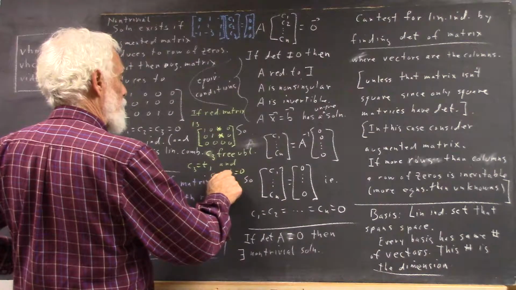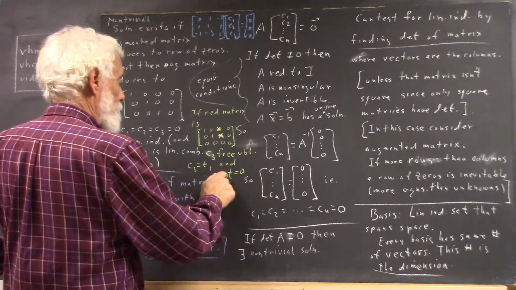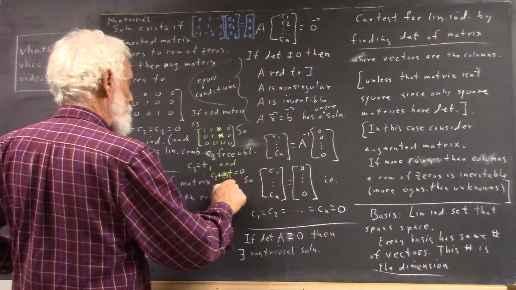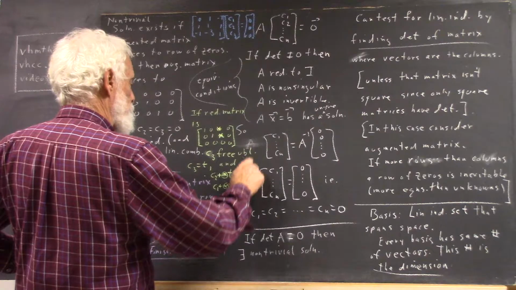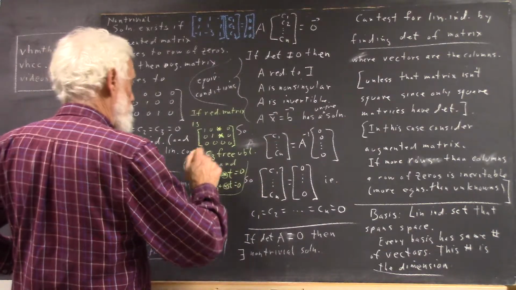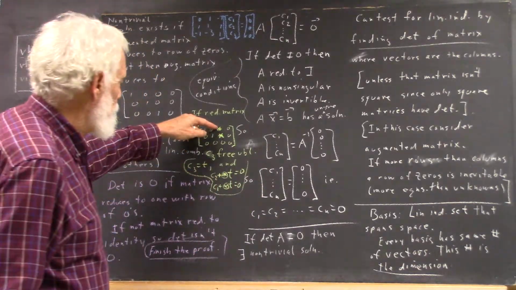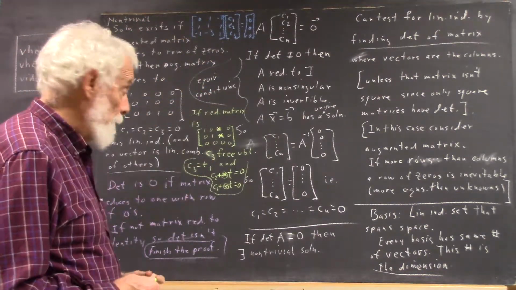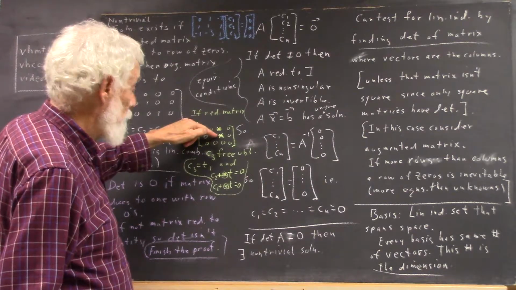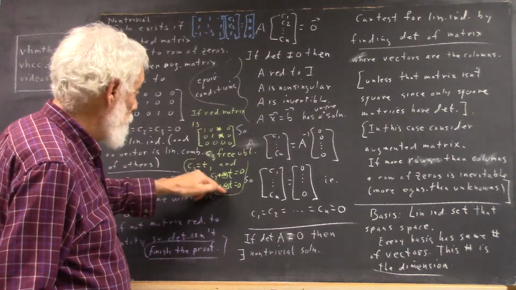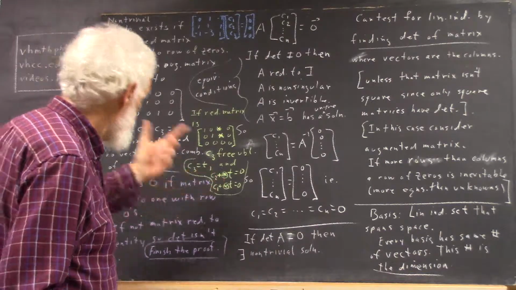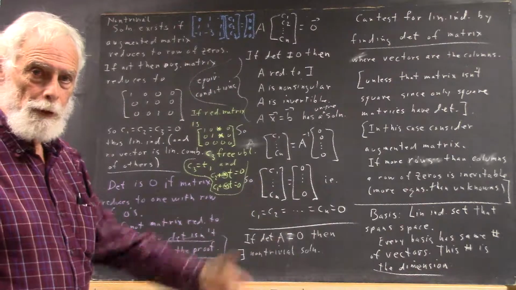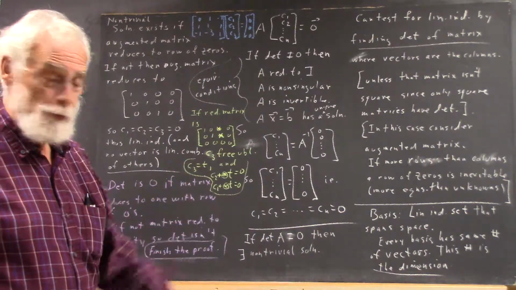And this star just stands for some number, not multiplication. And also C1 plus some other number is equal to 0. I'm not going into a lot of detail, but these could be any two numbers, depending on what you get when you reduce the matrix. Whatever you get when you reduce the matrix is the number you're going to get here and here. And that's the equation of a line. Those are parametric equations for a straight line through the origin.